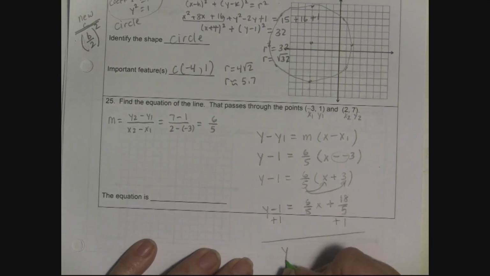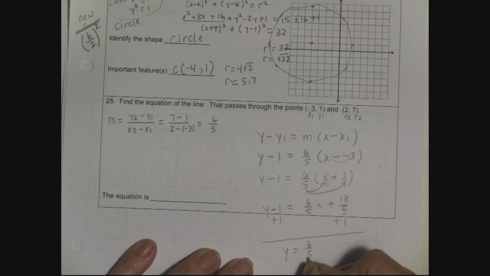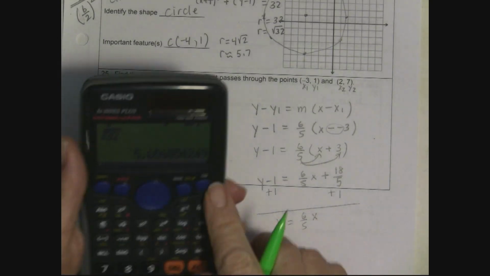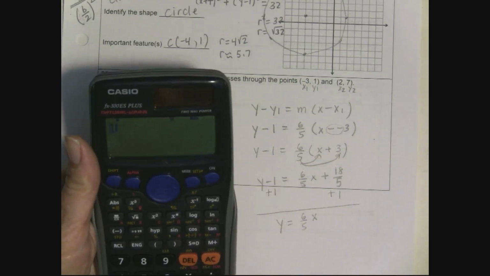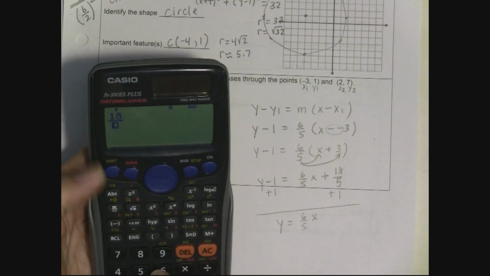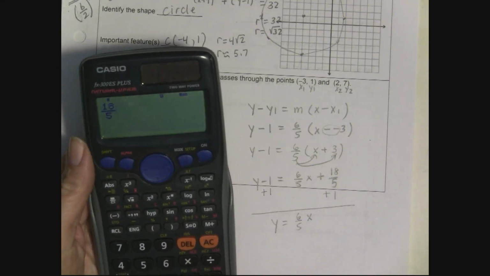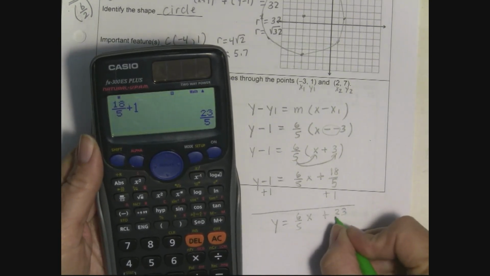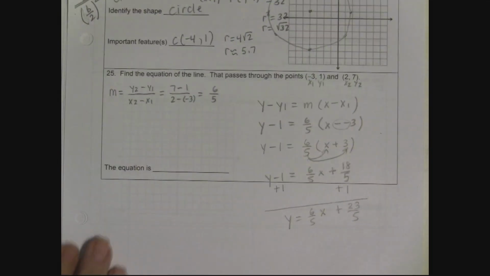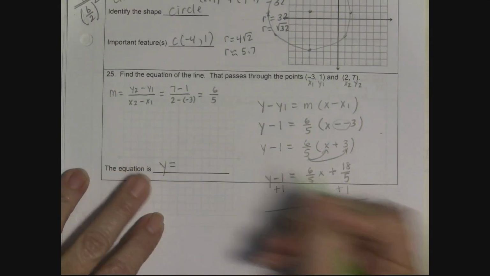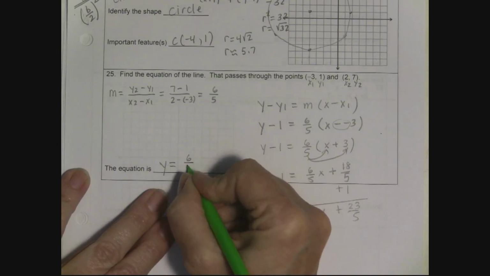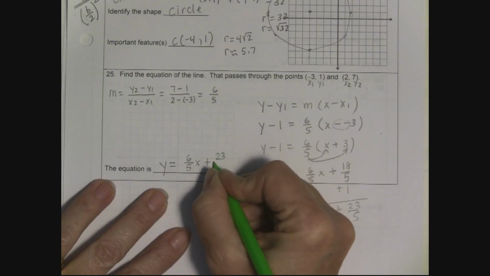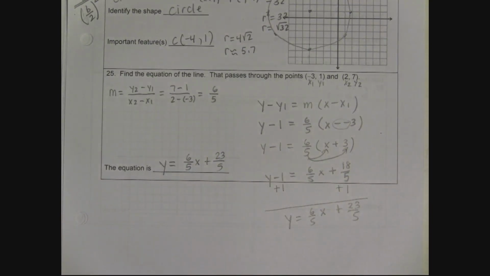And so I get y equals 6 over 5 x, plus 18 over 5 plus 1, which is 23 over 5. So right here, that's my equation of my line in all its glory.